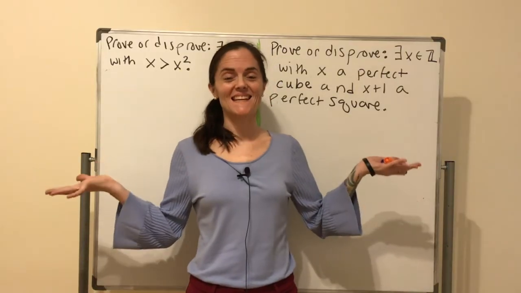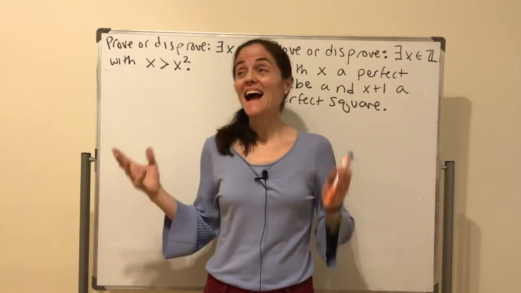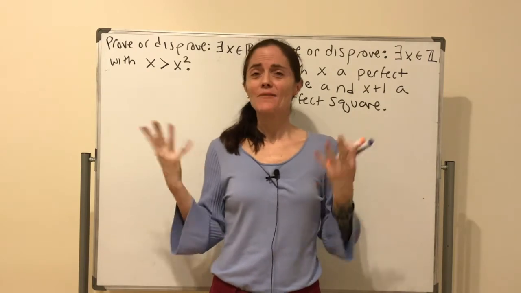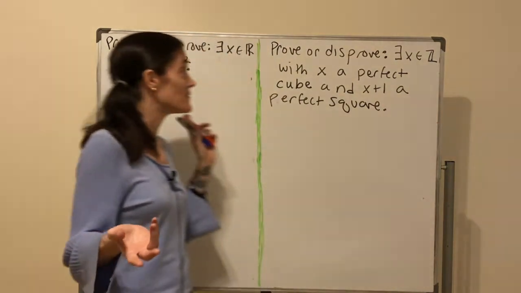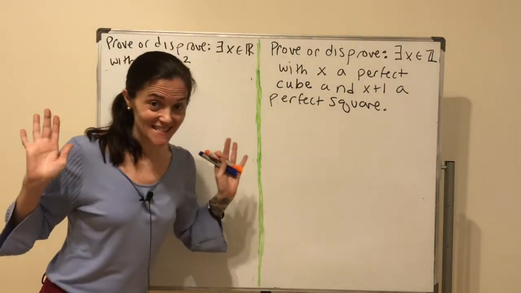I will end today with 2 examples that read prove or disprove. I will just tell you we will prove them both, but they read a little bit different than many we have looked at today. In fact, both of the statements are there exists statements.